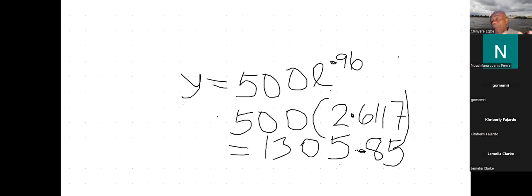All right. So this is how to solve this kind of problem. But where the problem becomes interesting is when we ask you to find the variable in the exponent. For example, how long would it take for the population to be 2,000?